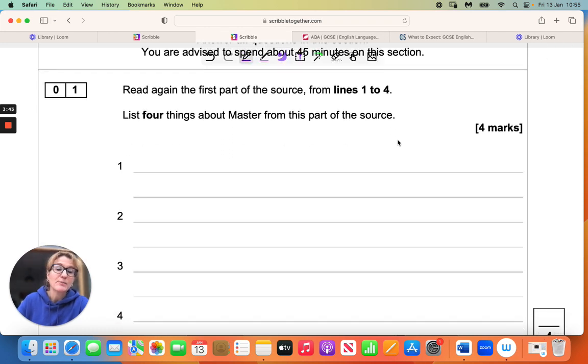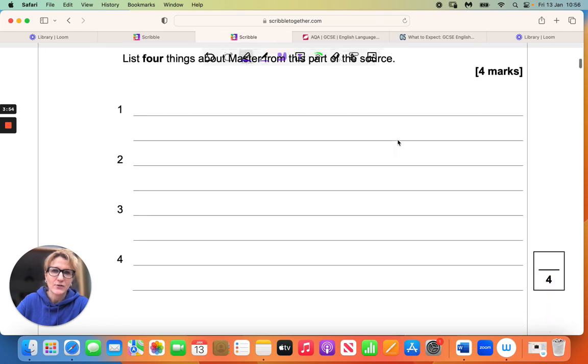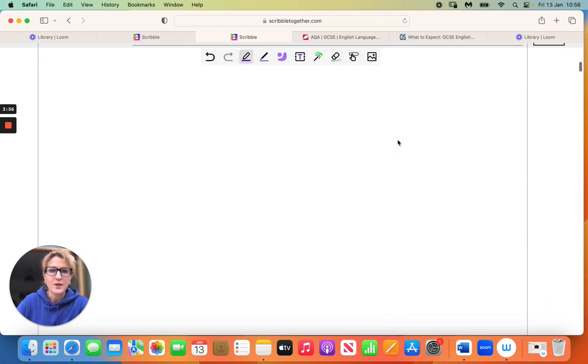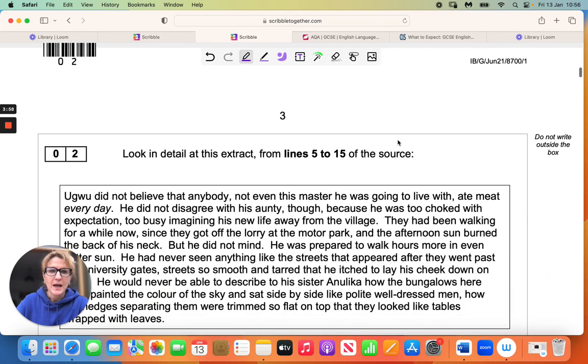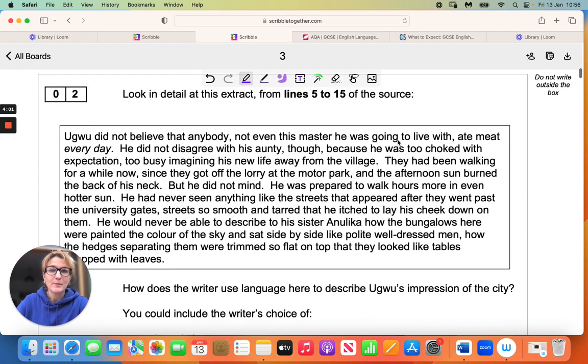You can use parts of quotations to answer it. You don't want to put long sentences in there. I'll go into detail with this in future, but you draw a box around the source and you answer that. Then you move on to question 2. Question 2, similarly, isn't asking you to read the whole source. It's lines 5 to 15.